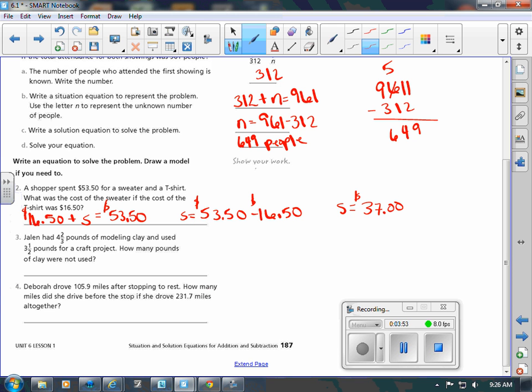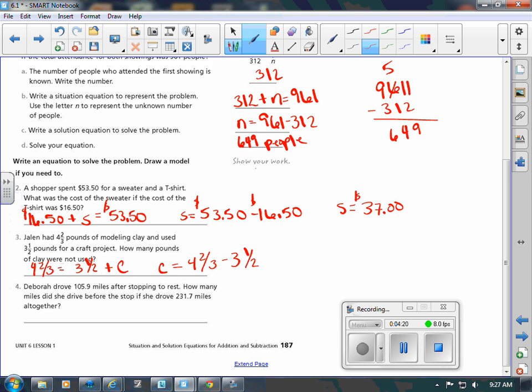I guess you would do addition again, and naturally I'm sure you guys want to just subtract these two numbers right away. You would be correct, but if you were doing a situation equation, you would go 4 2/3 equals 3 1/2 plus clay, right? Some clay. So clay equals 4 2/3 minus 3 1/2.